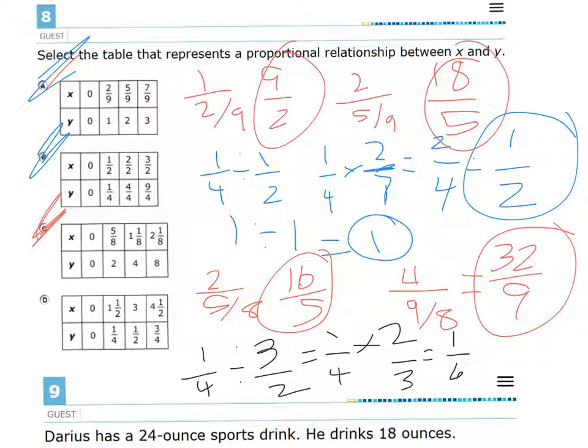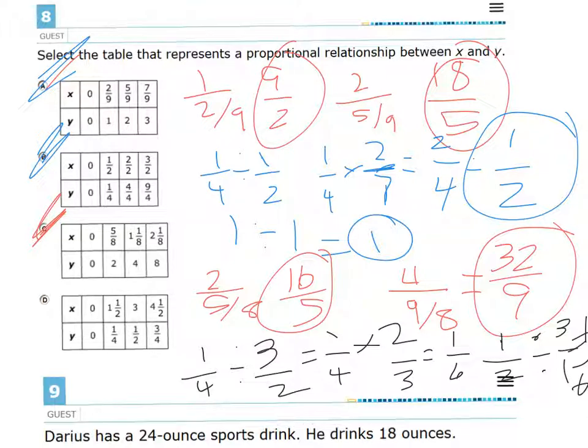Then I have 1/2 divided by 3/1. And if we divide that, that also gets me 1/6 because we multiply by the reciprocal.